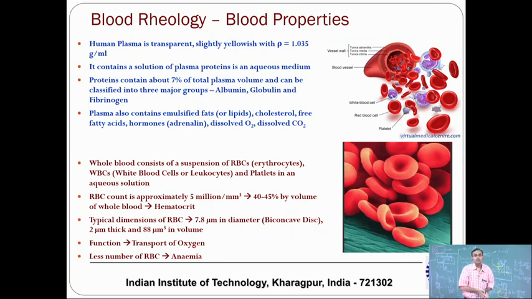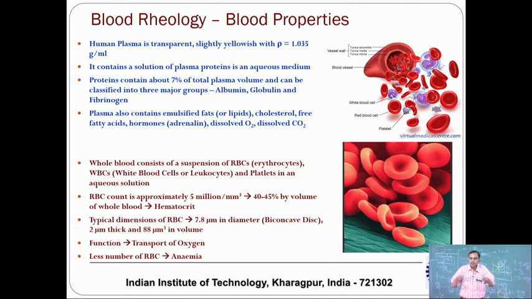Blood contains primarily the red blood cells, the white blood cells and the platelets. These are the three different types of cells, and you can see in this view graph the shape of the red blood cells, which are like biconcave discs.